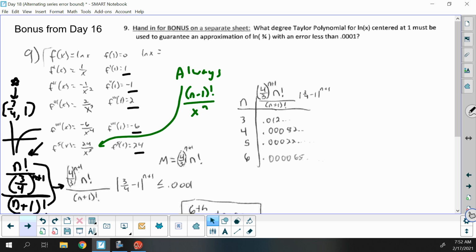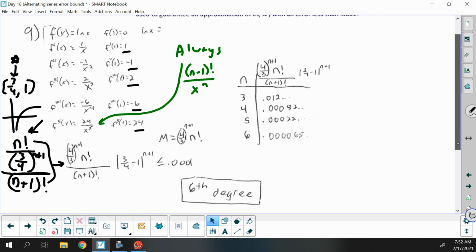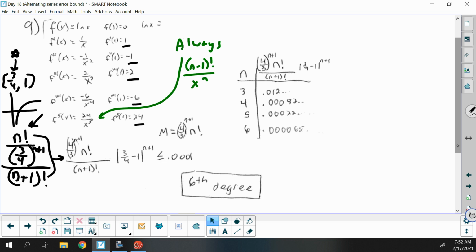And then we've got the 3/4 minus 1 in absolute value raised to the n plus 1. We wanted that to be within 0.0001. So put that in a graphs page, do a control T, and the first time that happens is with the 6th degree for n.